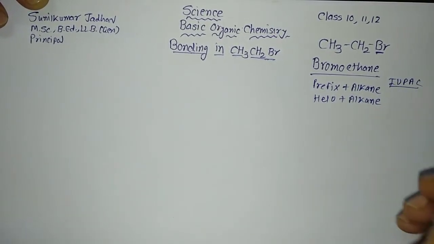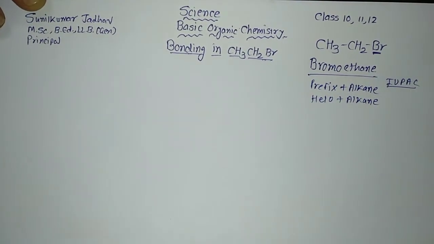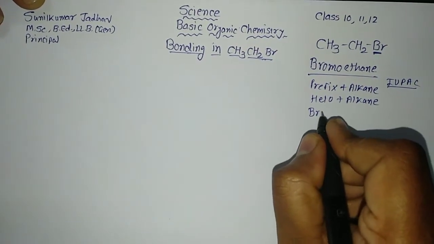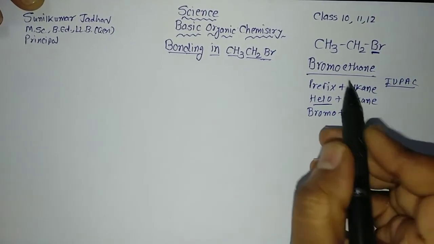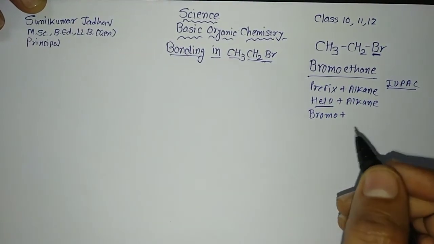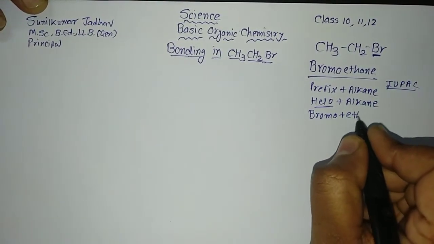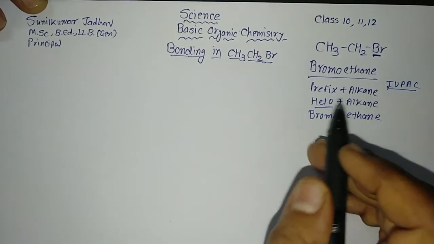Here this halogen group is bromine, so we write bromo in the place of halogen, plus the alkane name with 2 carbon. For 1 carbon we say methane, for 2 carbon we say ethane. So its IUPAC name is bromoethane.